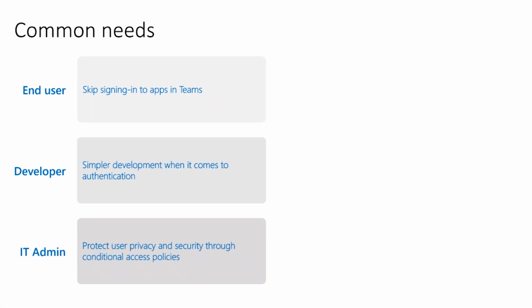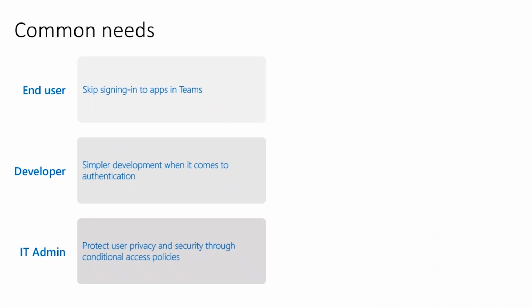For developers, they just want a better authentication story inside of Teams. So yeah, they want simpler development when it comes to authentication. IT admins want to protect privacy and security through conditional access policies.